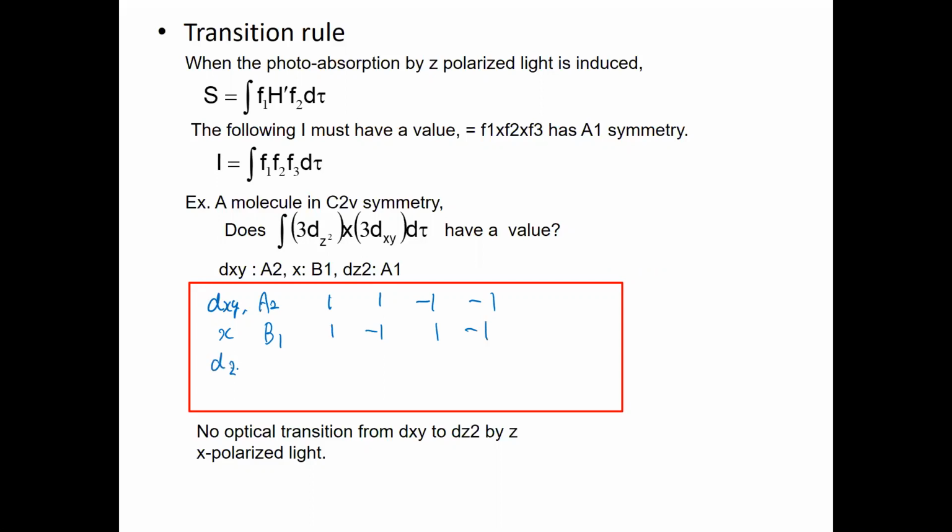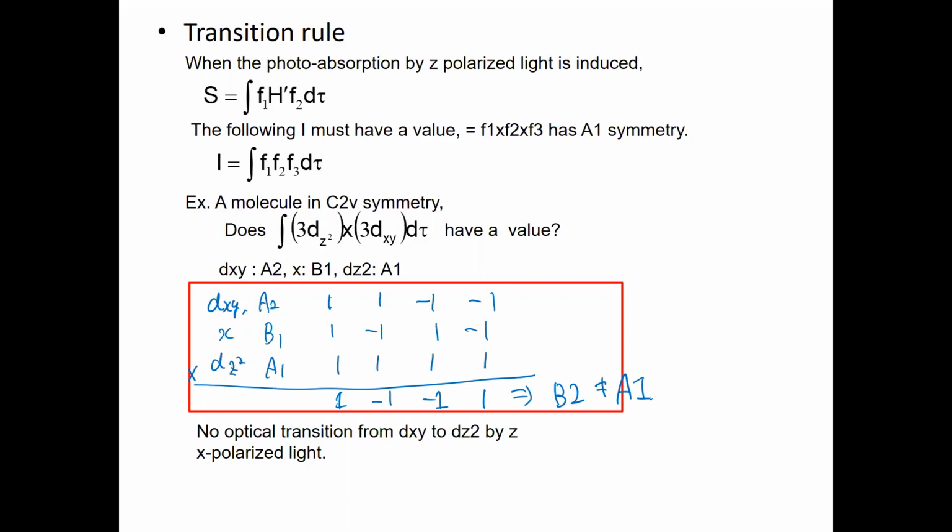And dz squared is A1, 1, 1, 1, 1. So by multiplying the three, we get 1, minus 1, minus 1, and 1, which is actually categorized into the B2 group. So not A2, not A1, meaning that this is an impossible transition in terms of symmetry.